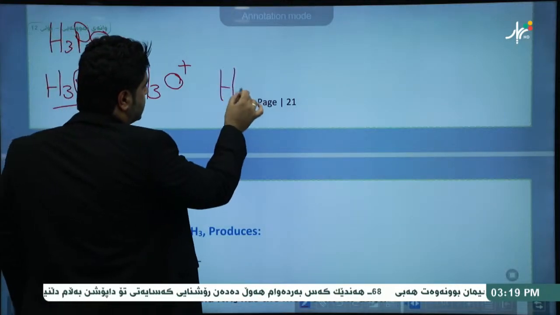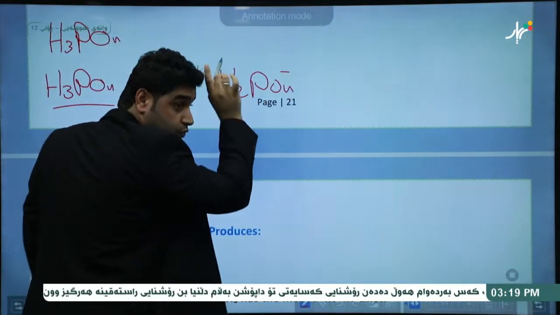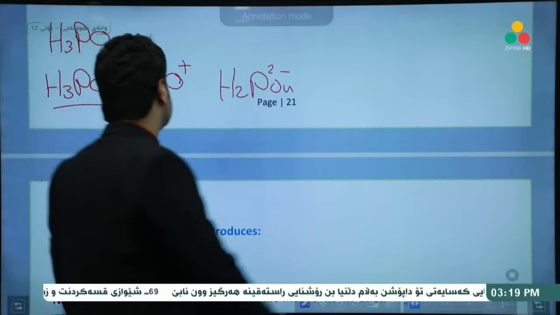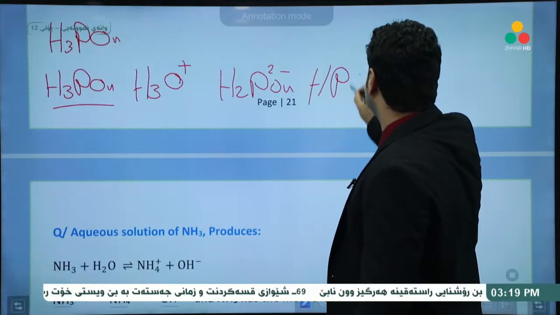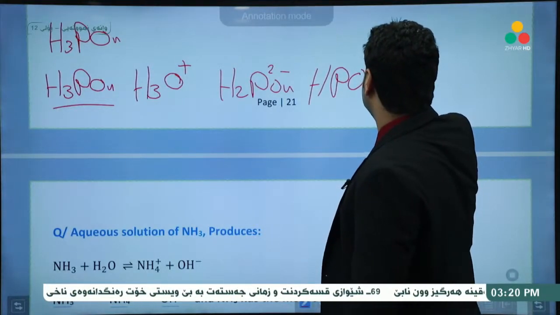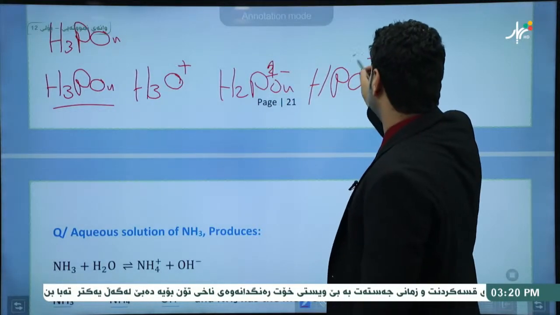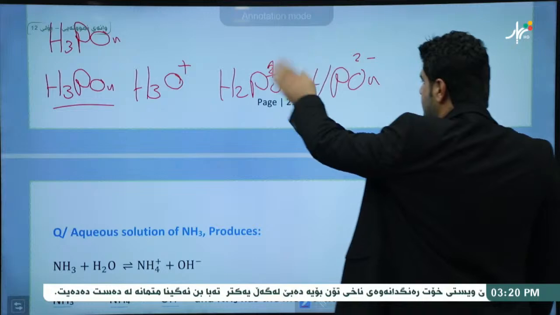Okay, it will be H2PO4 negative 1. Release another proton, HPO4. Sorry, it's negative 1 for the first, not negative 2. Because we just released the first proton, it will be negative 1.